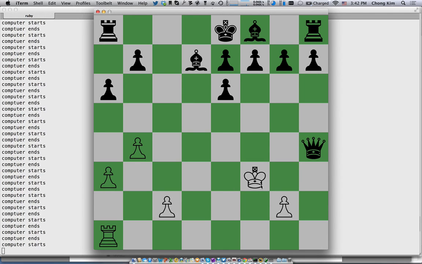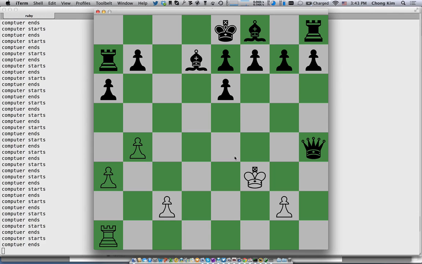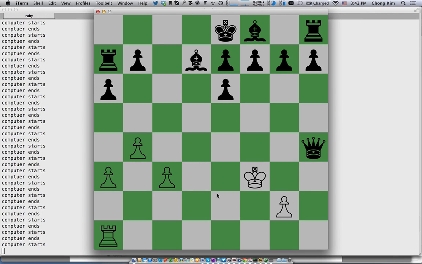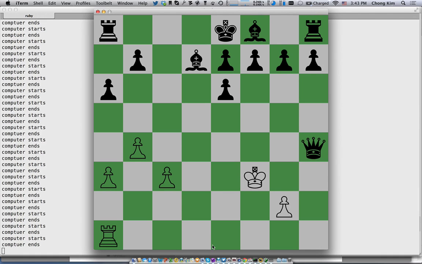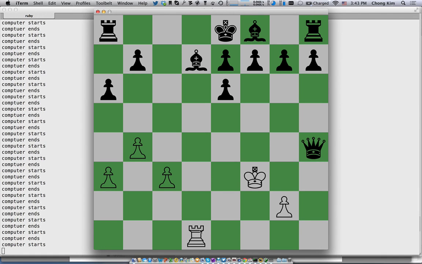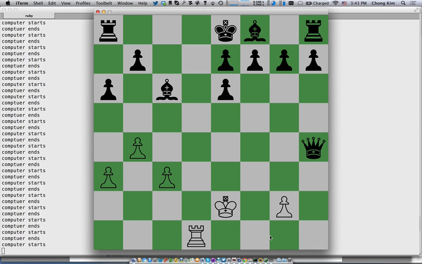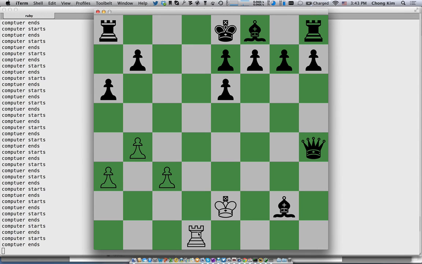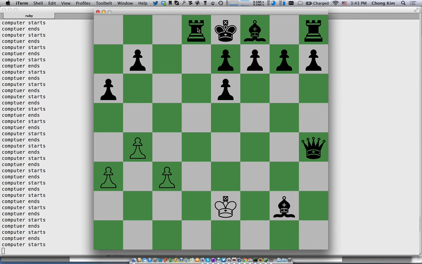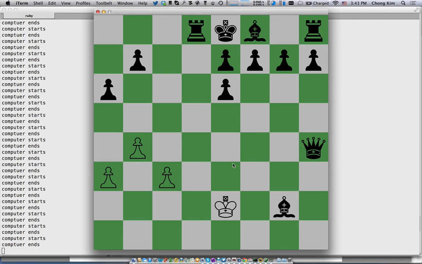Let's see if the bishop is going to check me. It doesn't. Okay. So now it checks me because it sees that. And let's see if it can coordinate between the bishop. Okay, the bishop took. Okay, the rook takes back.